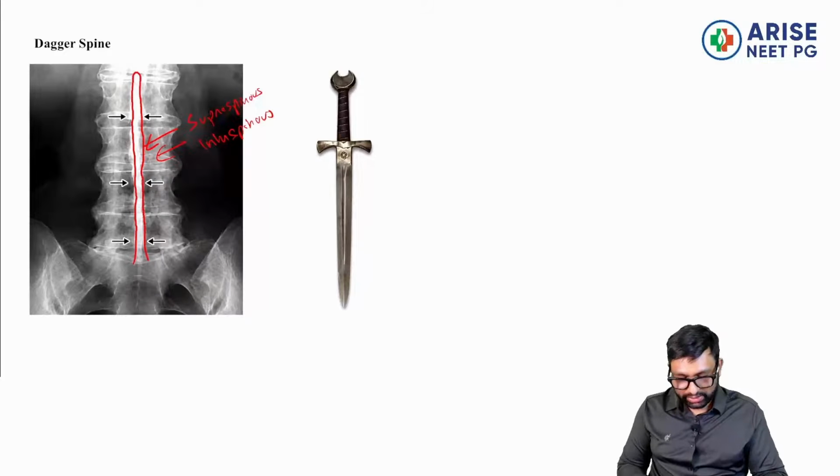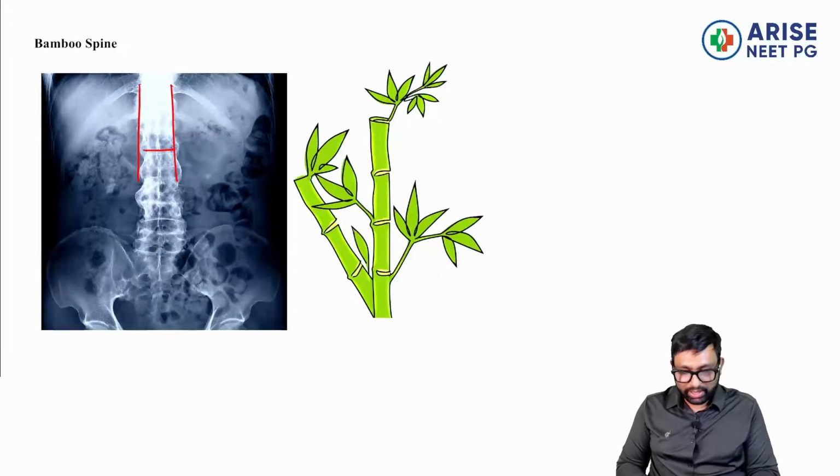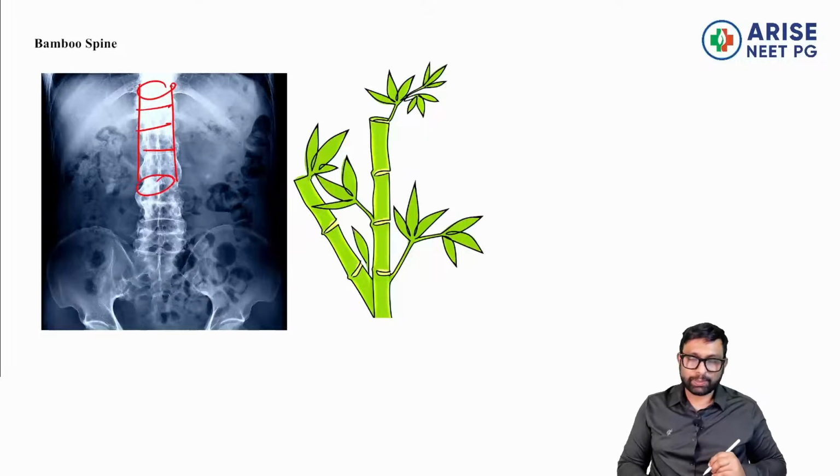So this looks like the shape of a dagger. So it is called a dagger spine. Another feature, because the whole spine fuses into one, it looks like a bamboo spine, okay?